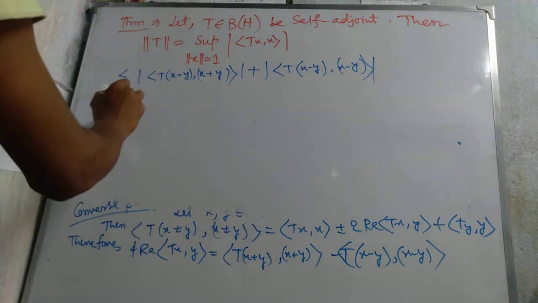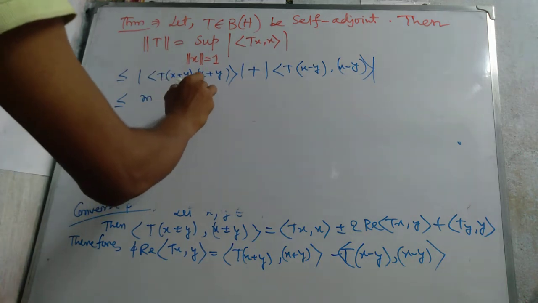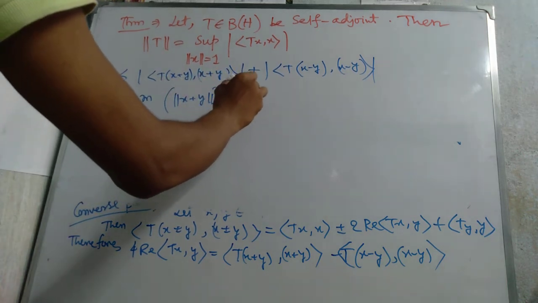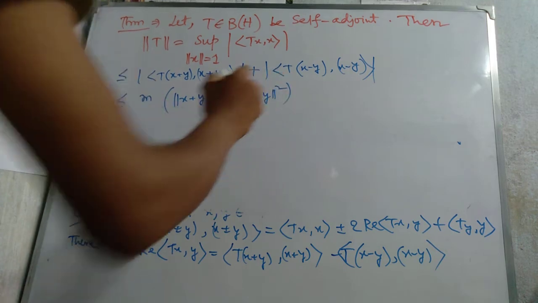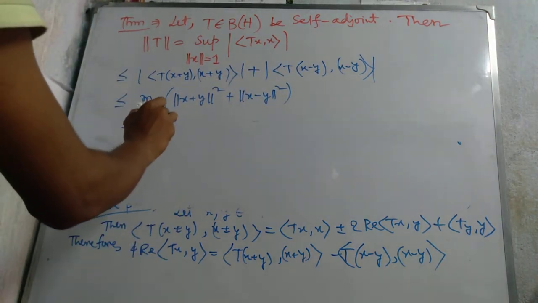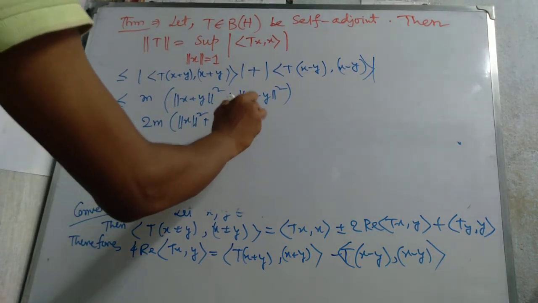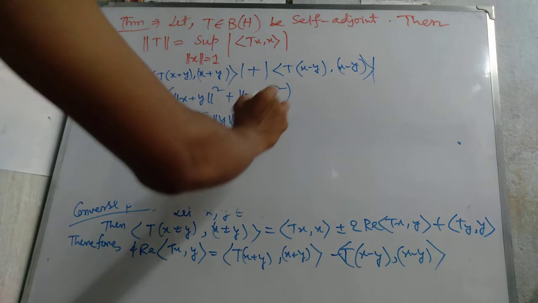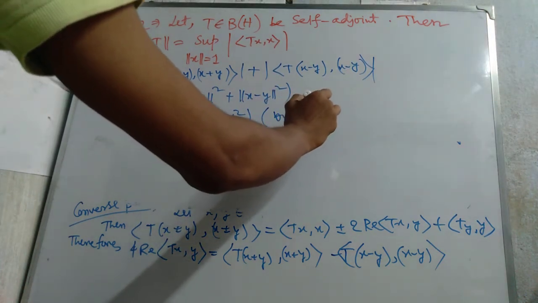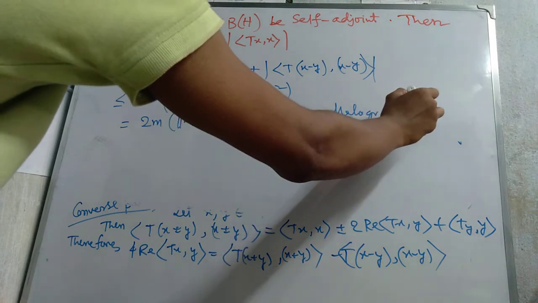Then this is less than or equal to m times norm of x plus y squared plus norm of x minus y squared. This equals 2m times norm of x squared plus norm of y squared by the parallelogram law.